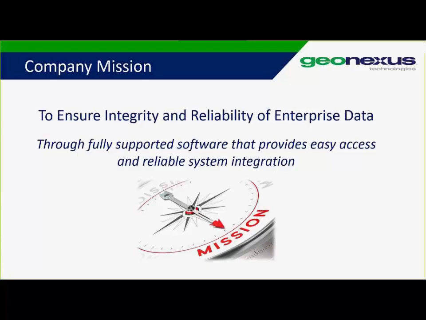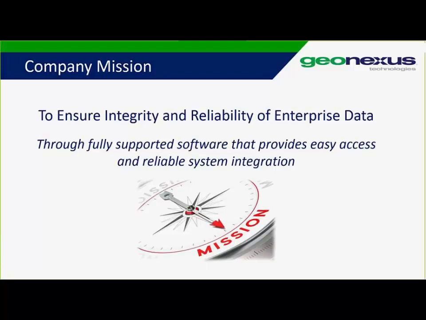A little bit about Geo Nexus technology. The mission of our company, the core focus of our company, is to ensure integrity and reliability of enterprise data. There's a lot of data throughout the organization, and much of this data is related to assets and work orders and service requests. And a lot of this data is also managed by multiple business systems.